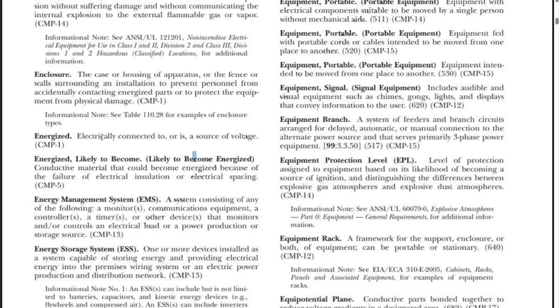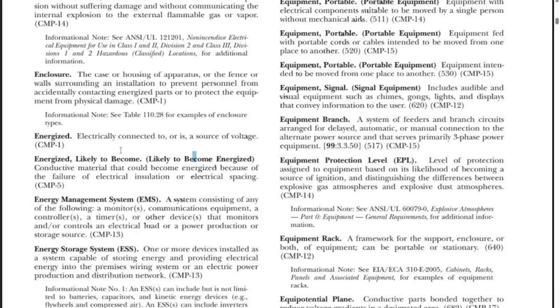Let's say, for example, energized would be the breaker and the wire that is connected to the breaker, electrically connected to or is a source of voltage for that circuit.